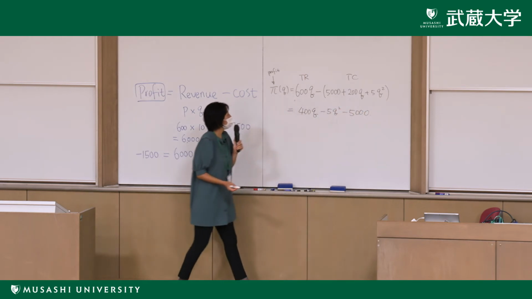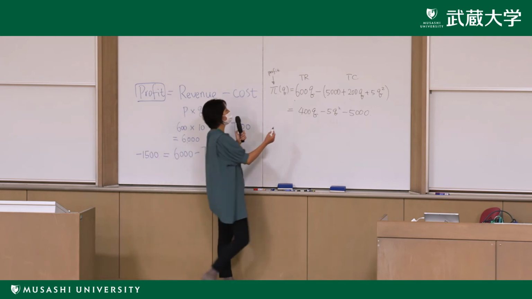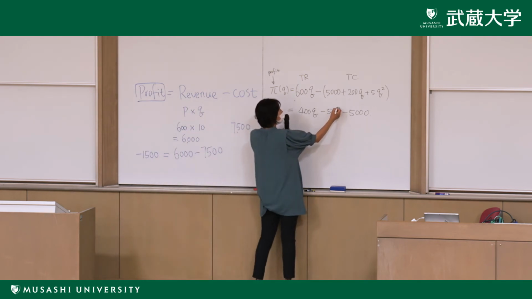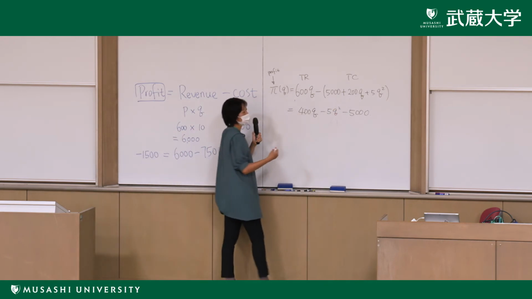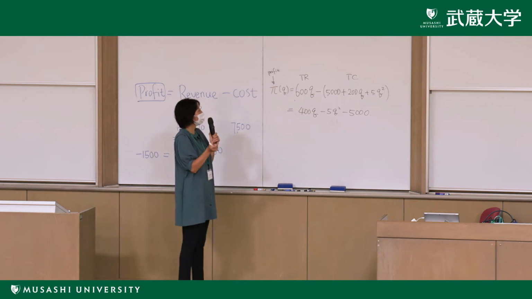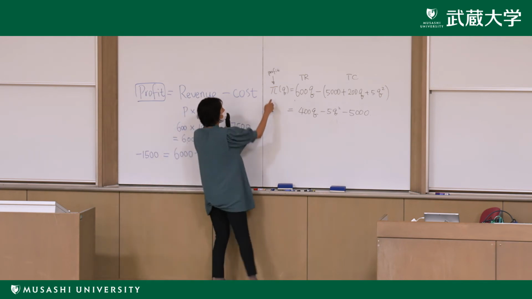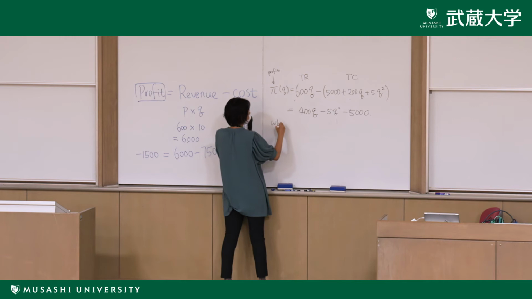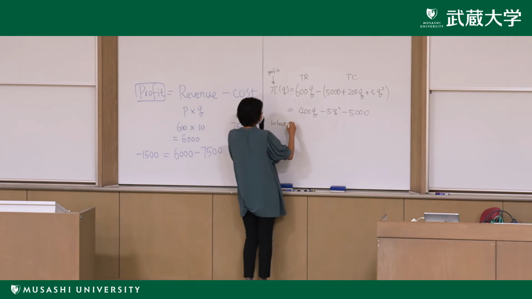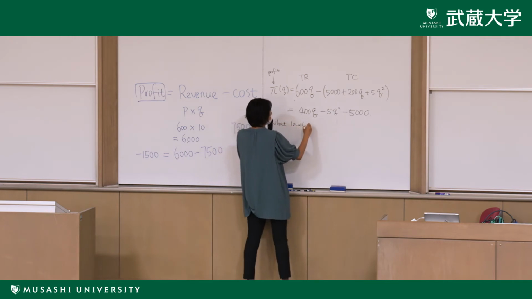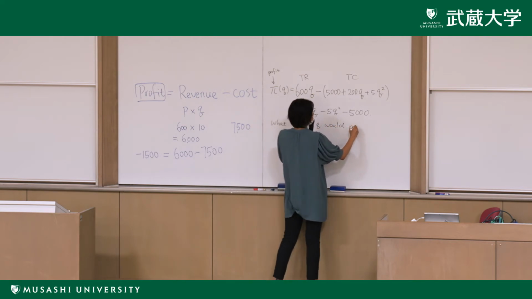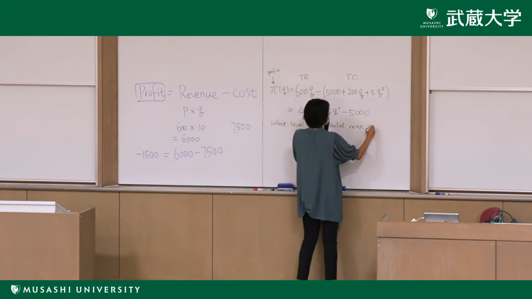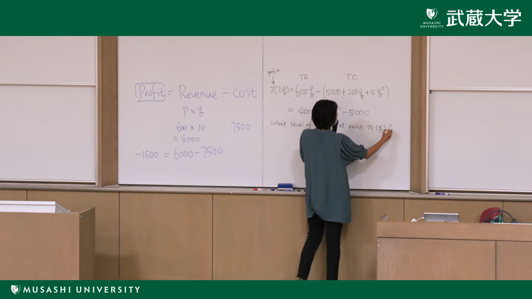Okay? So this is what we call the quadratic form, which means that there is a square in front of Q. Okay? So Q is the variable of interest. So we want to find what level of Q would maximize the profit function.